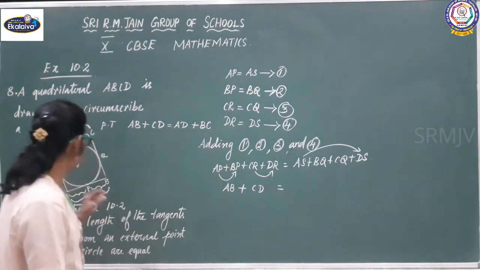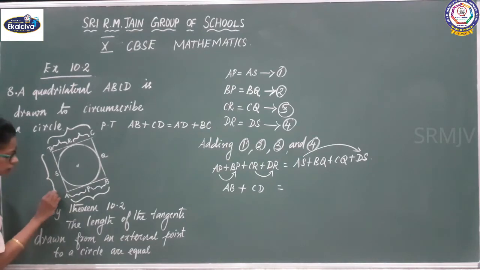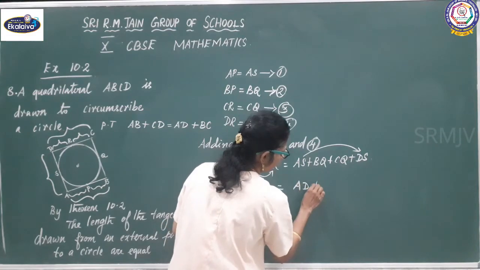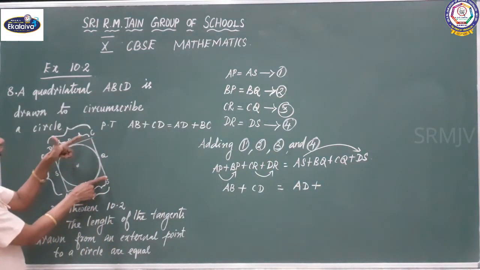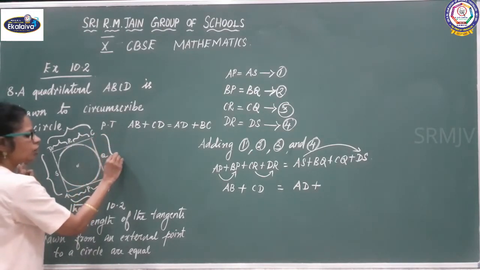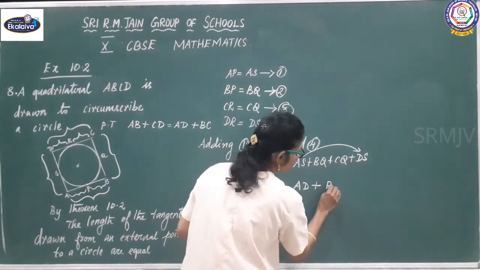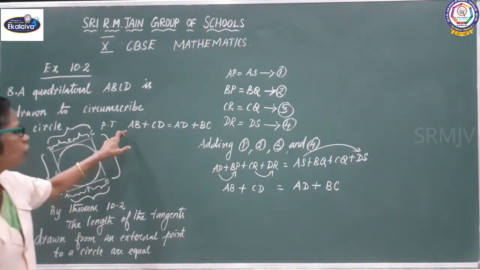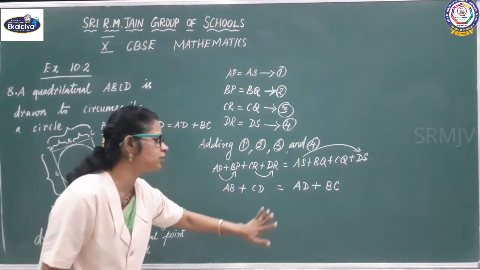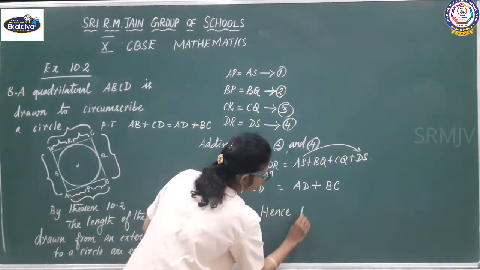AS plus DS, you will get the result as AD plus BQ plus CQ. BQ plus CQ, it will give you the result as BC. What they are asking to prove here, AB plus CD equal to AD plus BC. That we arrived. Hence, proved.